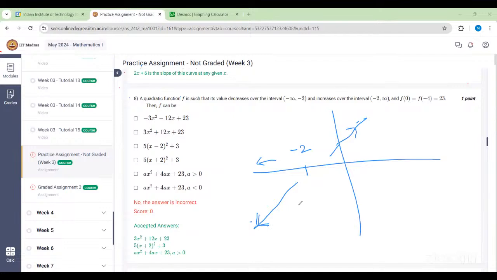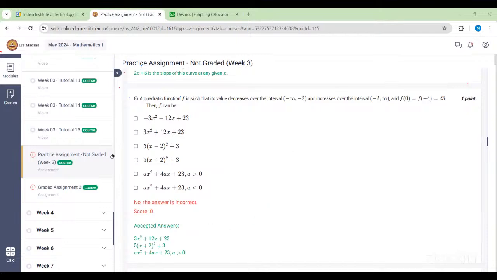So from this we cannot judge whether it's an upward or downward parabola. Initially I made some mistake. Because when you go from minus 2 to minus infinity, it is decreasing, and when you go from 2 to infinity, it is increasing. Although if you don't want to bother about this particular condition, you can check via the options.